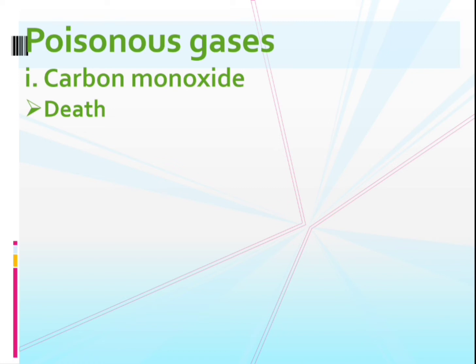If you inhale it for a long period of time, it can lead us to death. It's very dangerous. We get carbon monoxide from the smoke of our automobiles. That's why we should not get into any traffic jams, because in a traffic jam there will be a lot of smoke around us, which contains carbon monoxide.